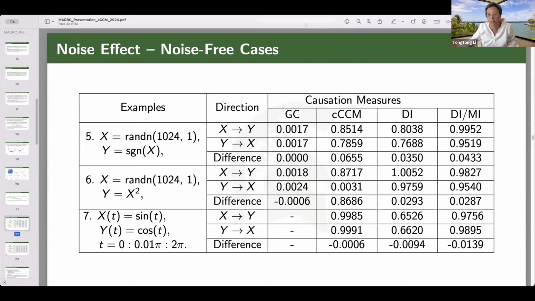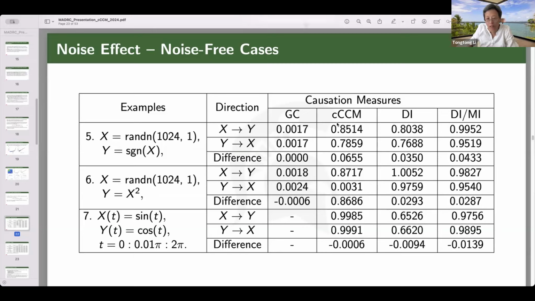For example, in example 6, here is a Gaussian random variable X with zero mean and unit variance, and Y is X squared. From X to Y there is causality, but not vice versa.